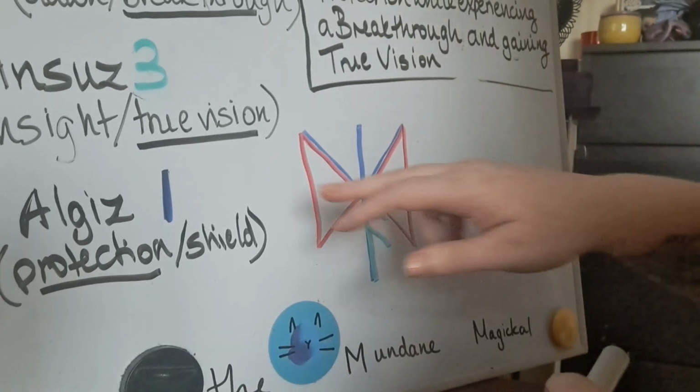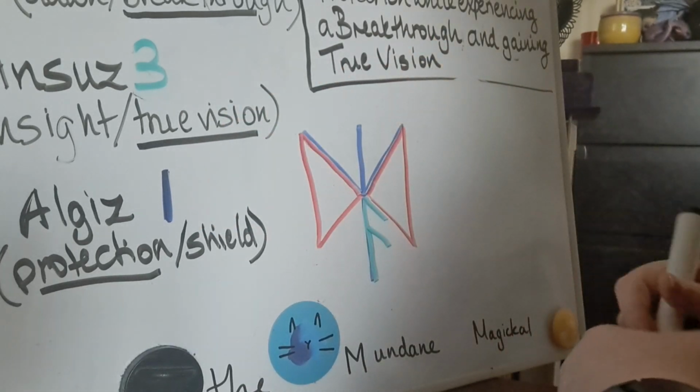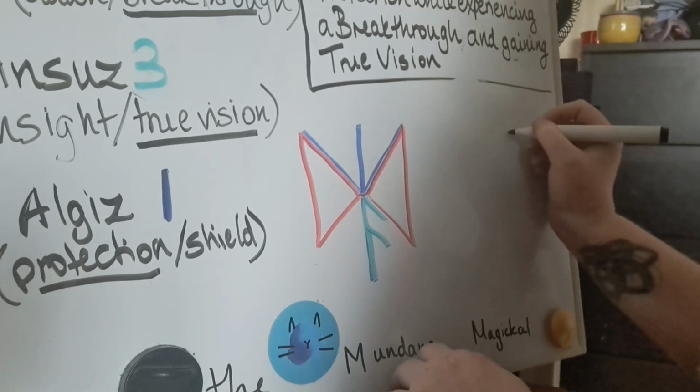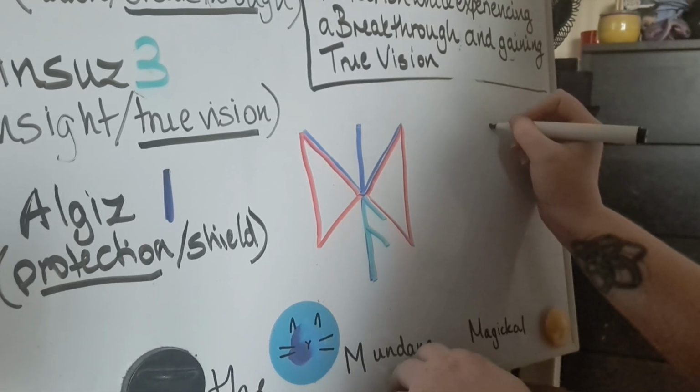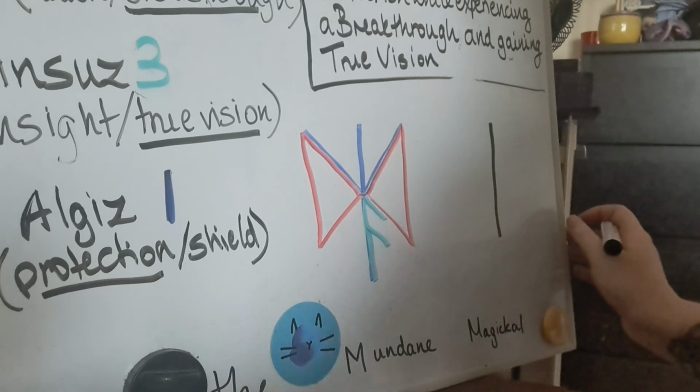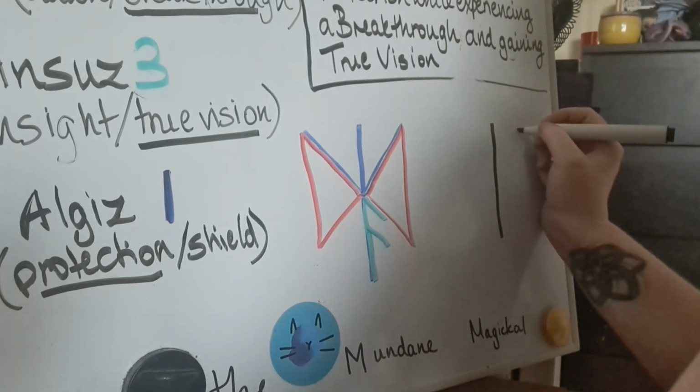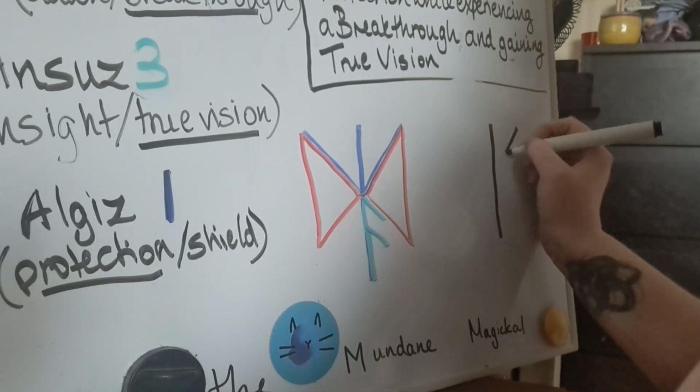And it's literally the order I would draw them in. Algiz first. Apologies, my board keeps moving.